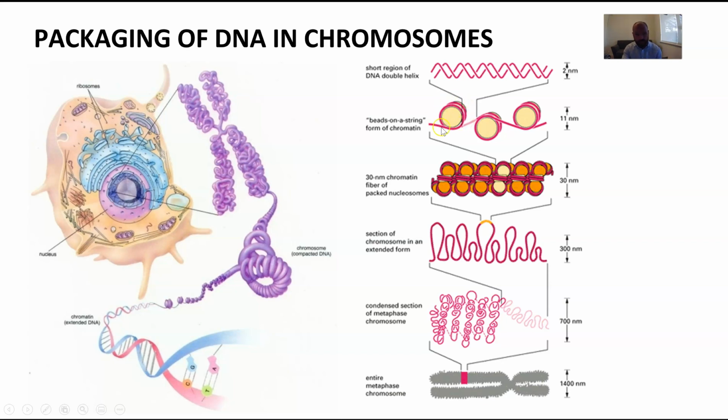When you get DNA wound around histones like this, we call them nucleosomes. And here you can see nucleosomes all packaged in together. This part here represents just a small section of one of these coiled up strands. And then that coils up even further here. And this part over here represents just one small section of a chromosome.